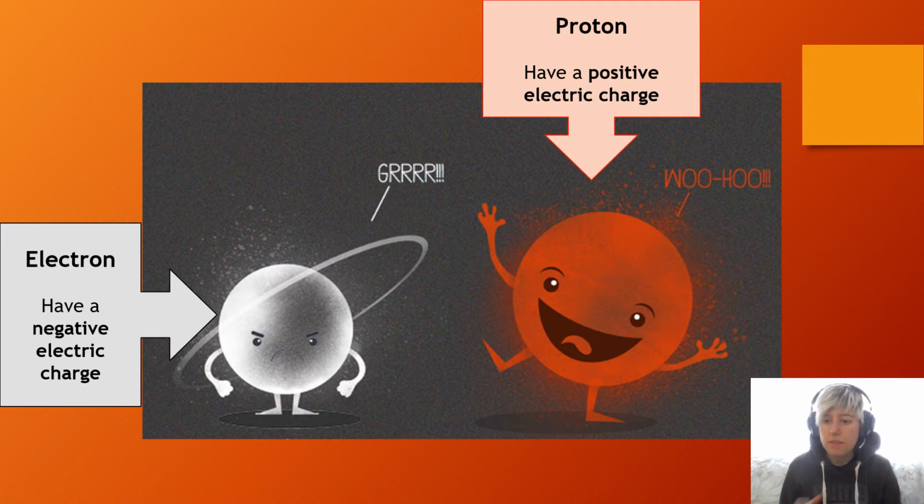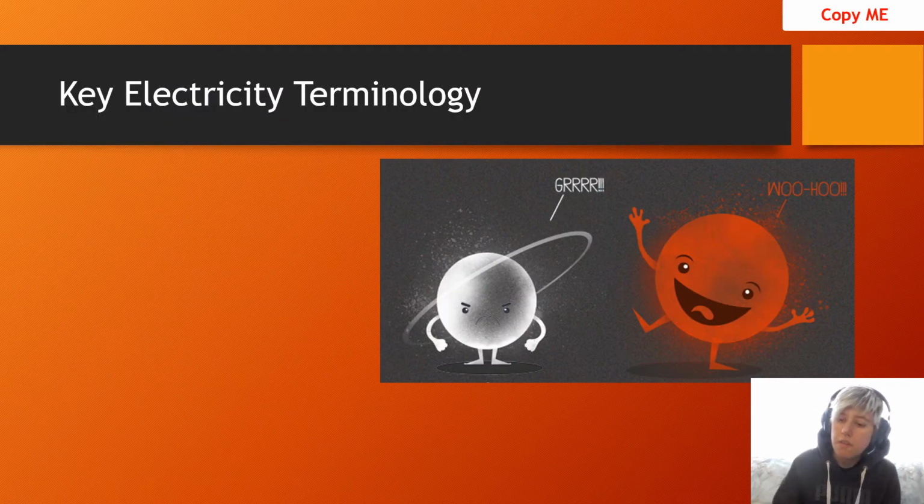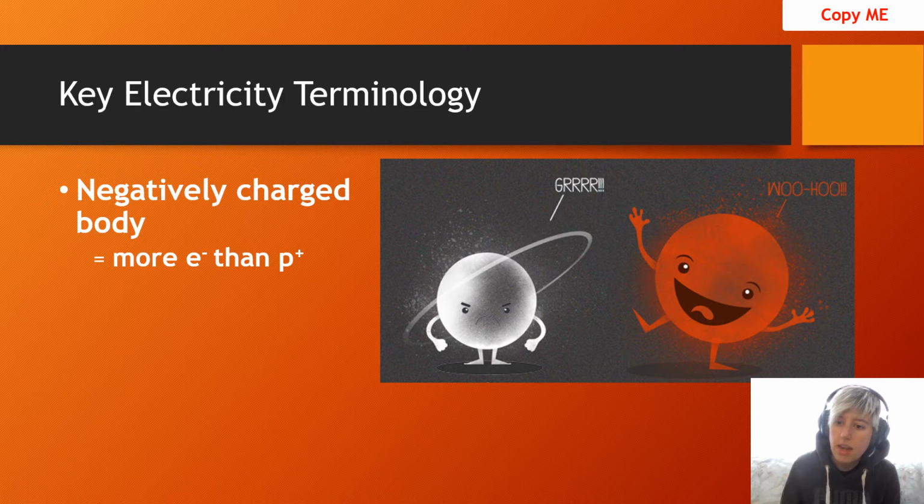And the differences between positively charged objects and negatively charged objects has to do with how many electrons the object has. So if a substance is a negatively charged body, it's because it has more electrons than protons.